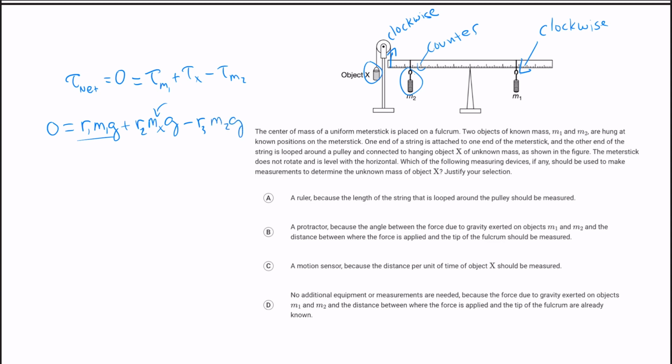So we're looking at an equation here where we have one missing variable. We don't need any more instruments to figure out how much the mass of object X is. So that's pretty interesting. Let's look at the answer choices.